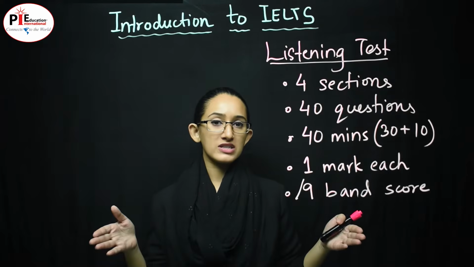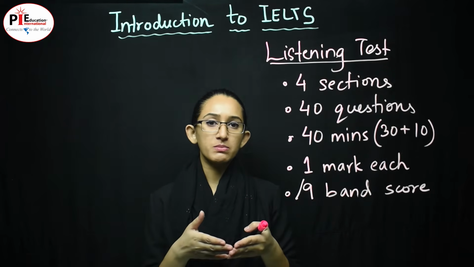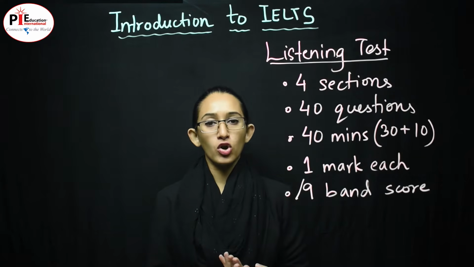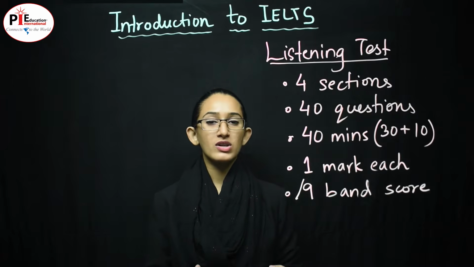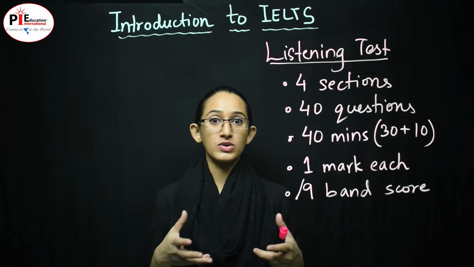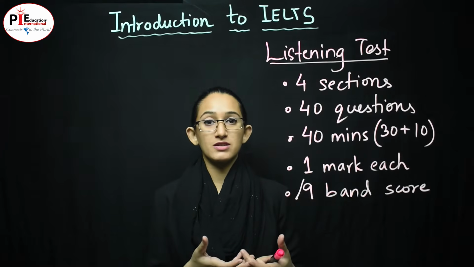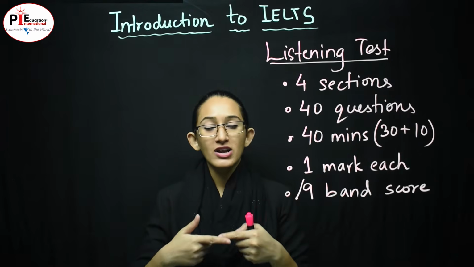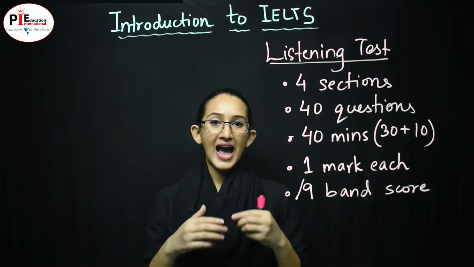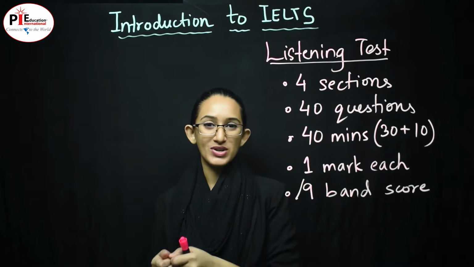And because you have 4 sections, there will be different kinds of recordings. So some of the recordings will be somebody giving a monologue, right? They're talking about a particular topic. Some of them will have multiple people talking to each other in a group, like maybe 3 or 4 people discussing a specific issue. So you'll have different types of recordings, and you have to listen to these recordings, and then you have to answer a set of questions based on what you hear.